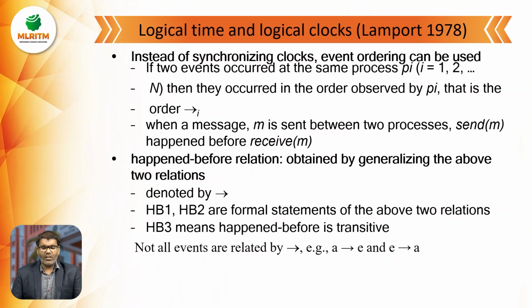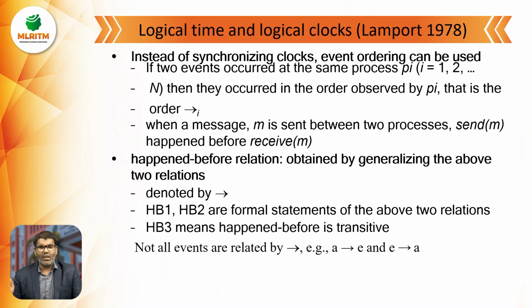So instead of synchronizing clocks, event order can be used when two events occur at the same process pi, where i is equal to 1, 2, 3 and so on up to n. They occur in order, where the order is represented by i and the process is represented by pi.